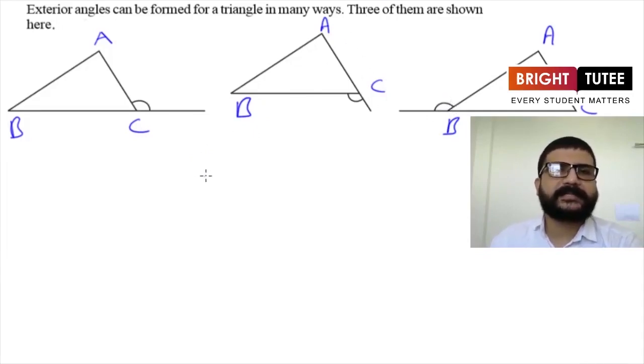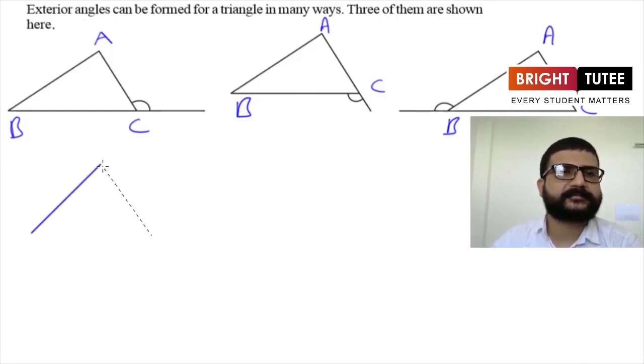So let's do one thing. Let's make one exterior angle for B itself. So this time CB was extended. Now what can we do? We can extend AB also. Suppose we are having this triangle. We can extend this side now.